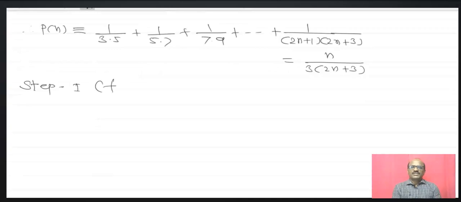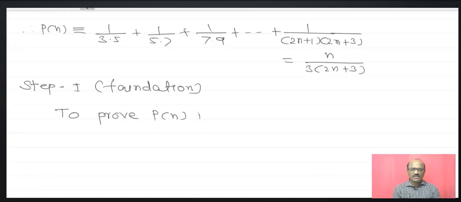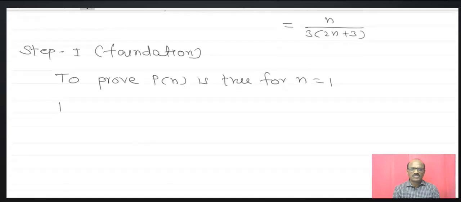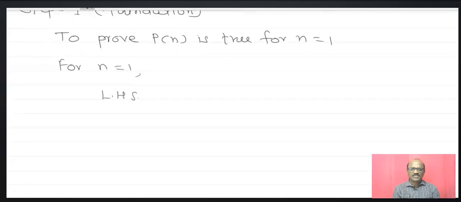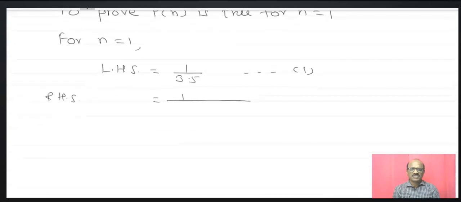Now we'll prove this. First is the foundation. The given result is true for n is equal to 1. Therefore, to prove P(n) is true for n is equal to 1, we consider the LHS. And what is the term? The first term of the LHS is 1 upon 3.5, that is equal to 1 upon 15, but keep it as it is.